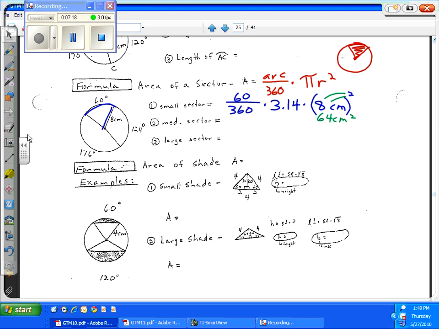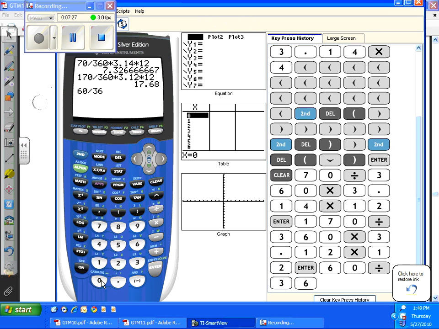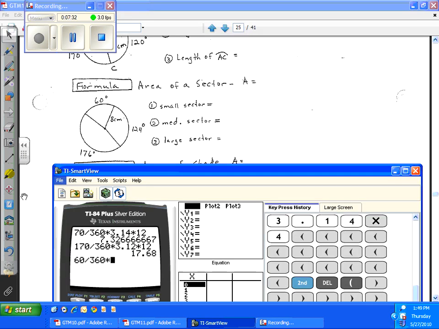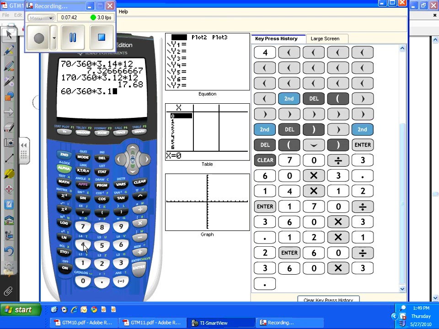So we're going to throw this in the calculator. 60 divided by 360 times, I don't know why I just forgot it, but I did, pi times the radius, which was 8 squared. There we go. I just needed to think.